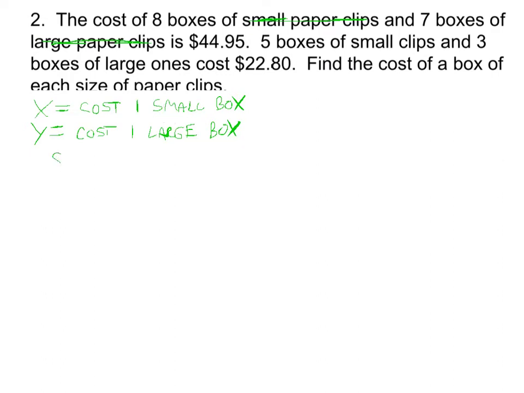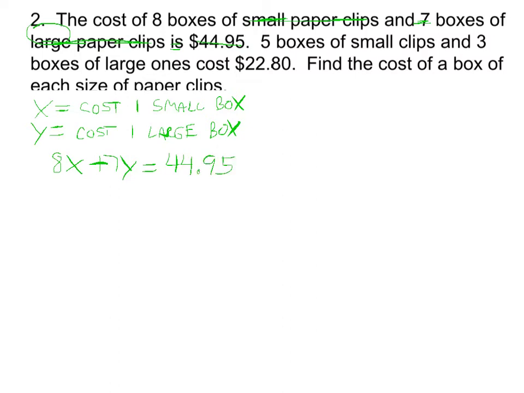So I'm going to put 8x. Then it says 7 boxes of the large. Well, y is the large, so it's going to be plus 7y. And then it says is, so we're going to put equals. Remember, that's a keyword for equals, and it is 44.95, so that's what we put there. So that's our first equation.